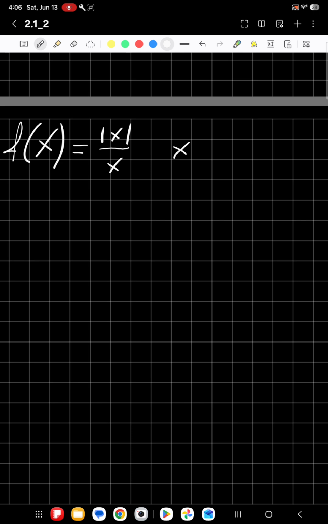So if x is bigger than 0, I'll be plugging some numbers in for x. So if I plug in, say, 6, so for x equals 6, what do I get? I have absolute value of 6 over 6, so that simply is 1.